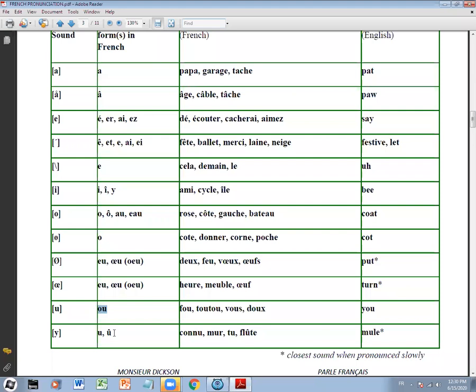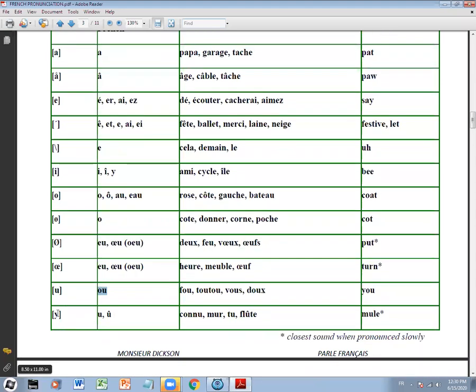Now when you talk about IPA, the International Phonetic Alphabet, as I said, you are given letter Y at the beginning there.